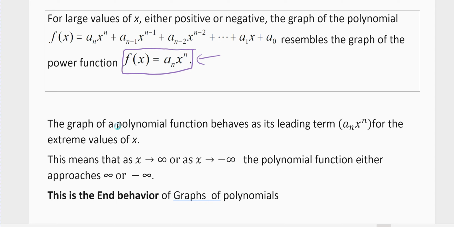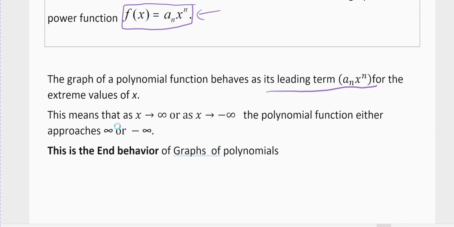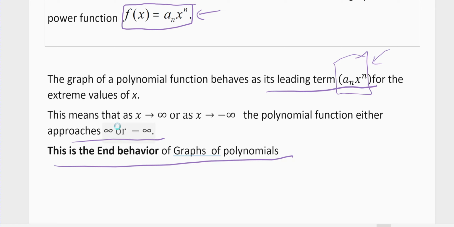So if I plug in really big positive numbers, do they stay really big positive numbers? If I plug in big negative numbers, do they stay big negative numbers? The leading term tells you the end behavior of the polynomial. That means when I plug really big values in for x, as x shoots off to infinity or to negative infinity, all I have to know is what happens to the leading term, and I'll know what the function's doing.